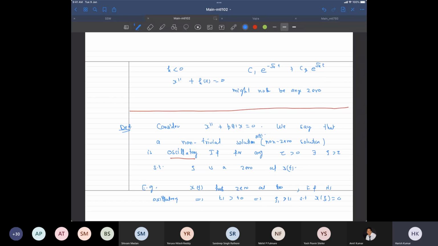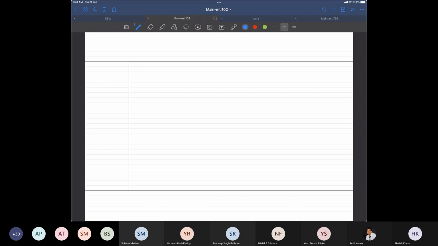Now I can take another t2 bigger than xi1. If I take t2 bigger than xi1, then there exists xi2 bigger than t2 such that x of xi2 is 0. The point is that you have infinitely many zeros, right? This implies that x has infinitely many zeros. Okay.